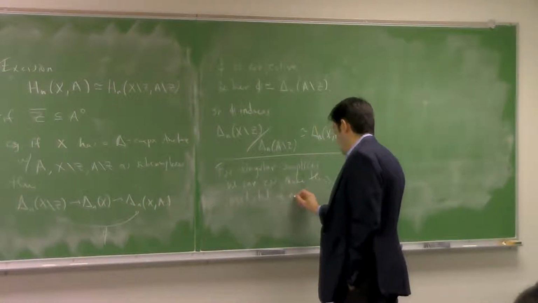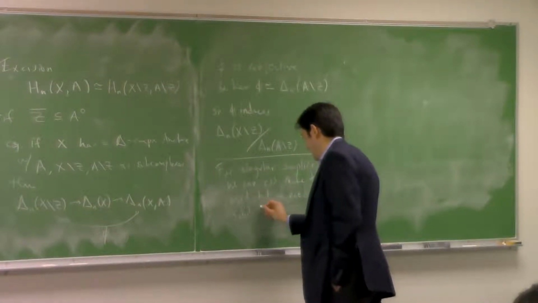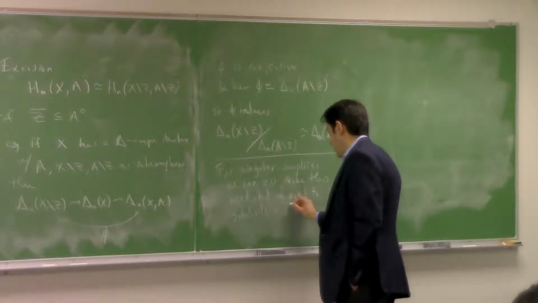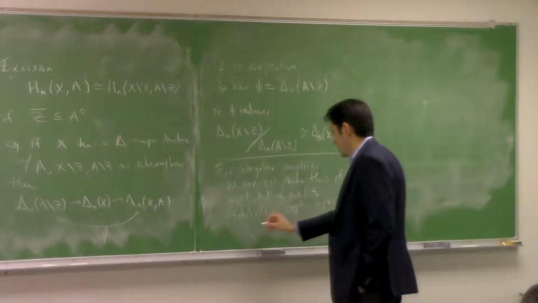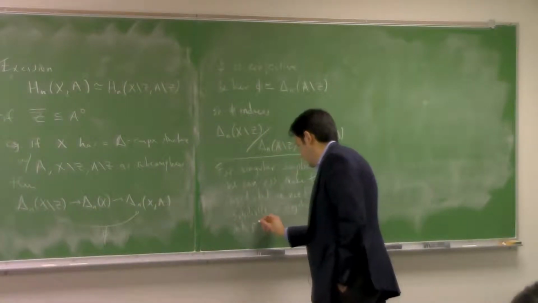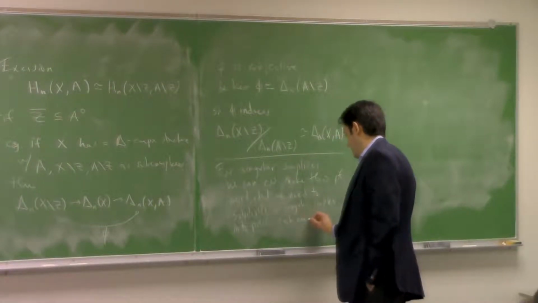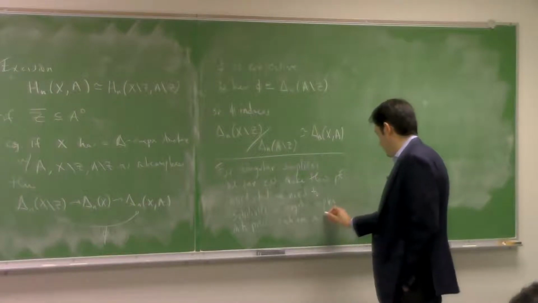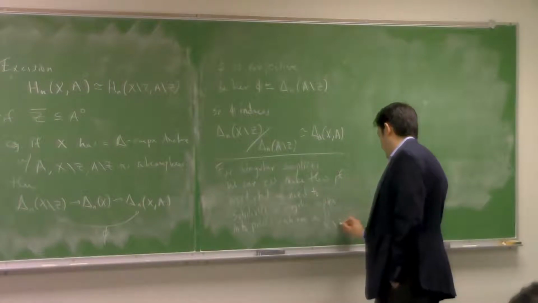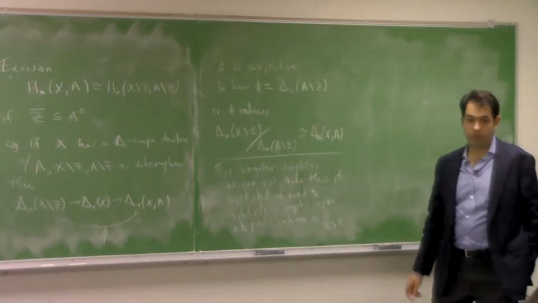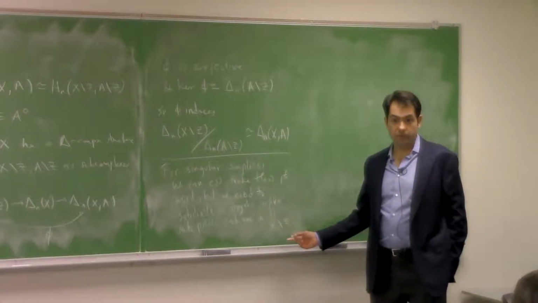But we need to subdivide a singular simplex into pieces, each one in either A or X minus Z, right? This gives us a cover of X, right?